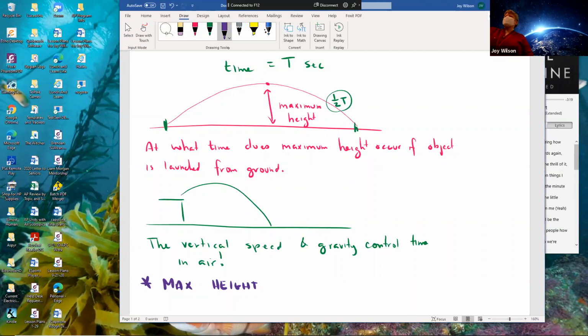So I go 40 meters per second, then 30 meters per second, then 20 meters per second, then 0 meters per second, vertically. Max height has vertical speed equals 0.